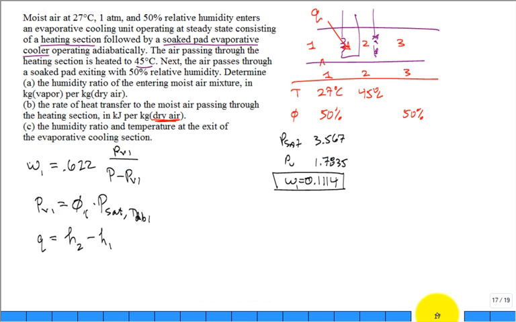The enthalpy at state 1, 74, then it's 56, and so this is 74 minus 56. You got around 18? Okay, fine. 18 kilojoules per kilogram of dry air.